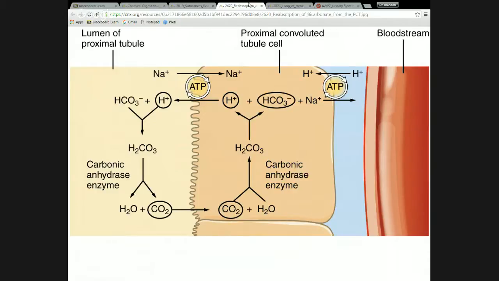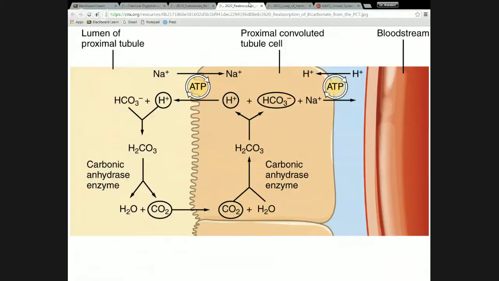It might seem in this picture that it's a little weird to have the exact same reactions happening on either side of the membrane, but they aren't necessarily happening. So these reactions in the cell and these reactions in the lumen are kind of the same thing. It might seem kind of strange that they're both drawn in there, but really, it depends on the particular circumstances, what pH is in your body and how many hydrogen ions you have to get rid of, and moving CO2 through the system and that kind of stuff.